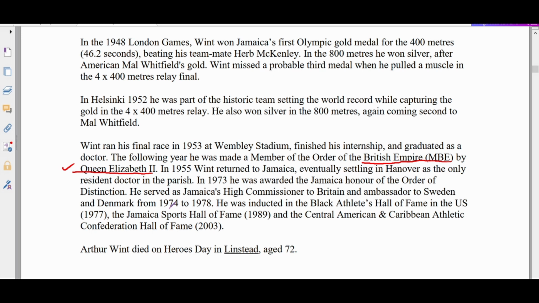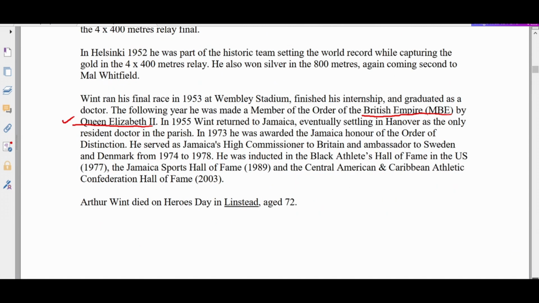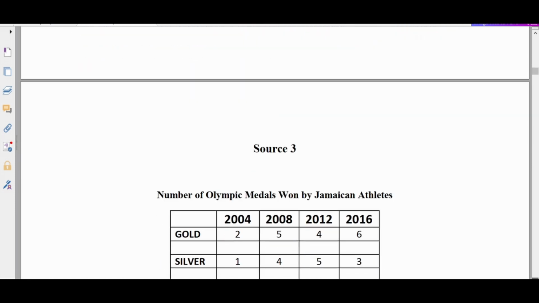He was inducted in the Black Athletes Hall of Fame in the US in 1977, the Jamaica Sports Hall of Fame in 1989, and the Central American and Caribbean Athletic Confederation Hall of Fame in 2003. Arthur Wint died on Heroes Day in Linstead at the age of 72. That's another very good article there.